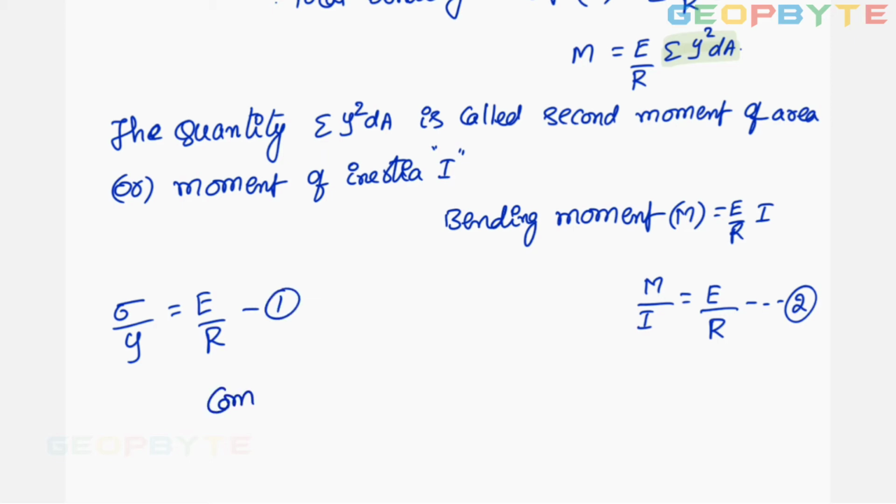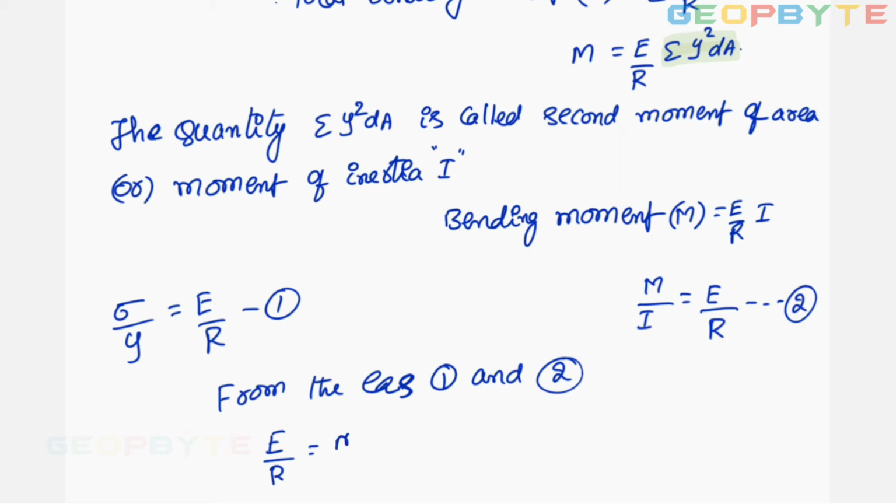Comparing equations 1 and 2, you can write that E by R equals M by I equals sigma by y.